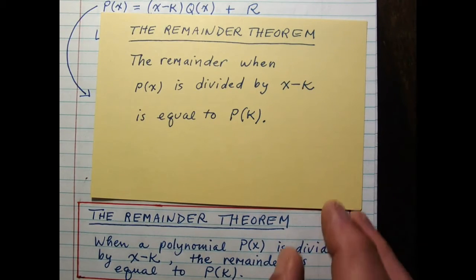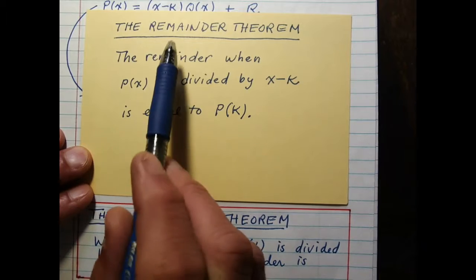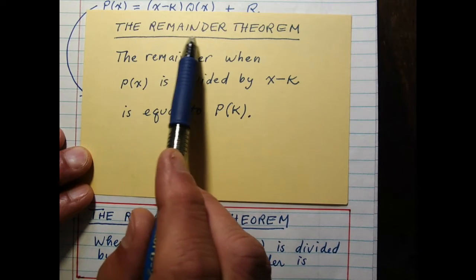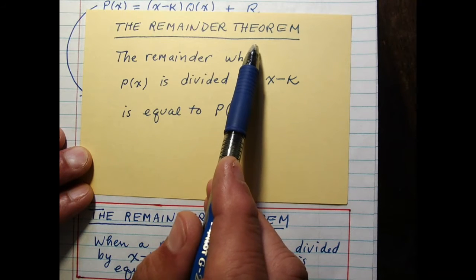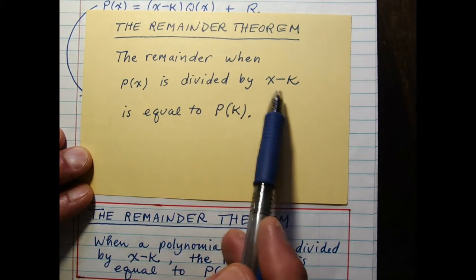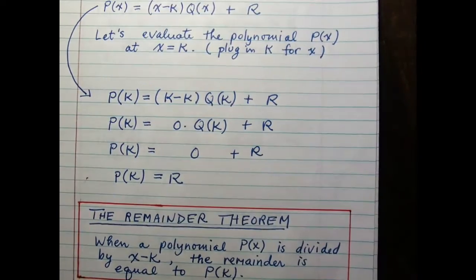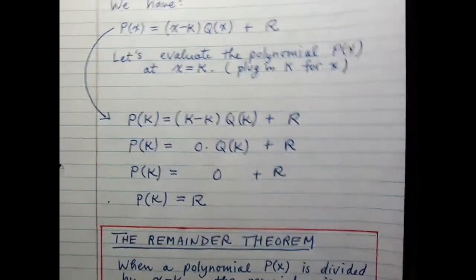I rearranged the words a little bit, but this is worth writing down separately and remembering for the rest of this course. The remainder when p of x is divided by x minus k is equal to p of k. Now what I want to do is let's go ahead and do an example.